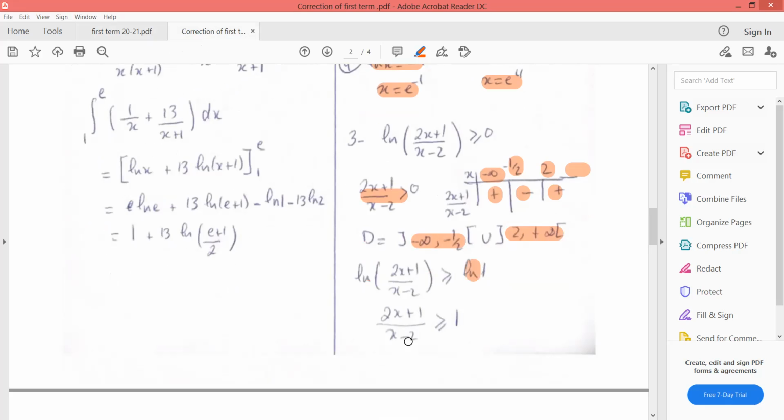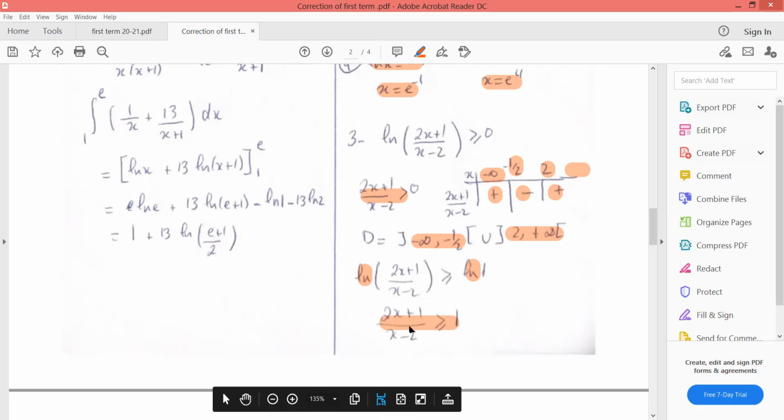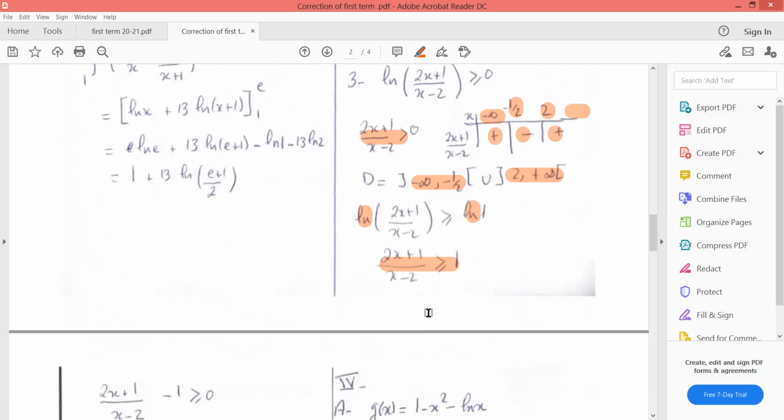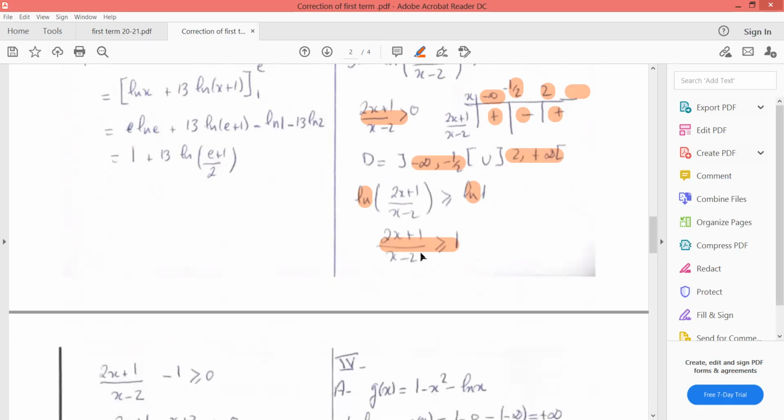So (2x plus 1) over (x minus 2) is greater than or equal to 1. You have to pay attention that whenever we have an inequality, we cannot cross multiply, as you have done in the test. You can never cross multiply with an inequality. So we take 1 to the left side.